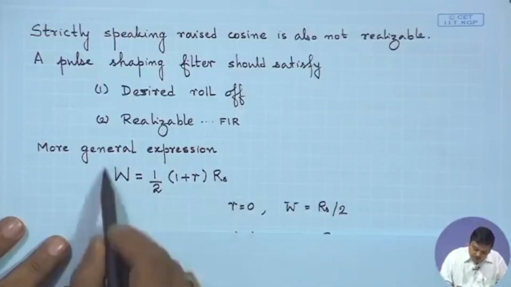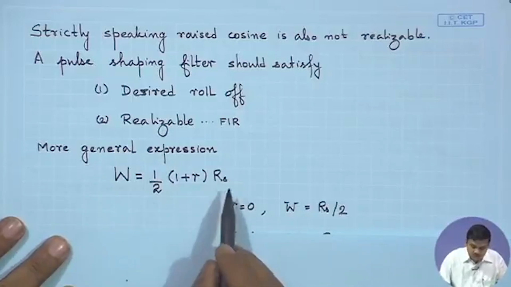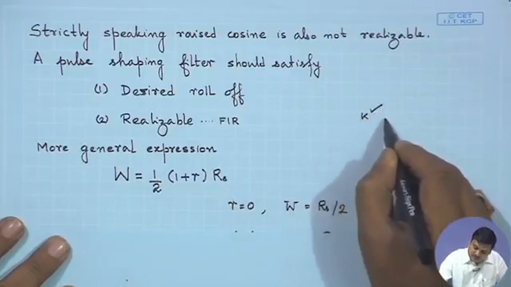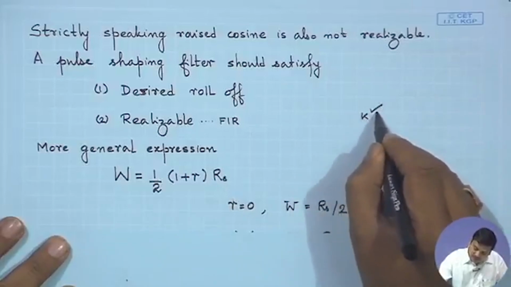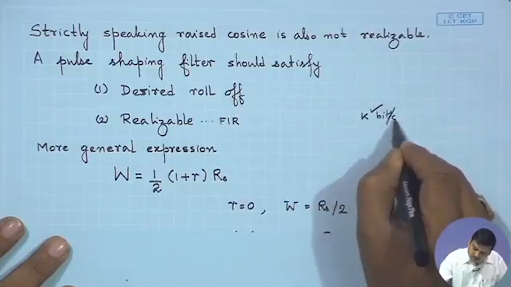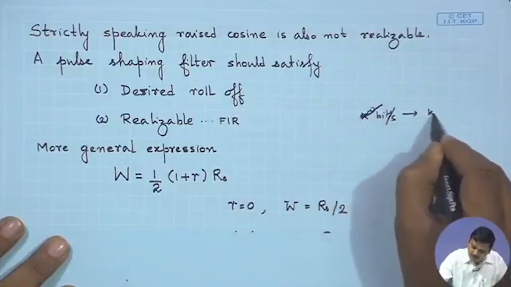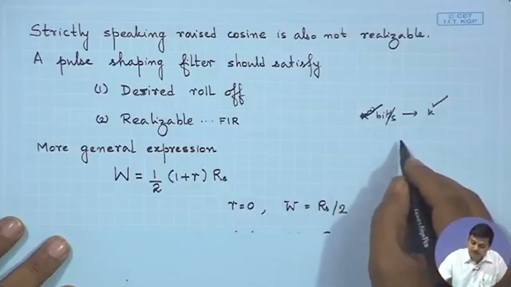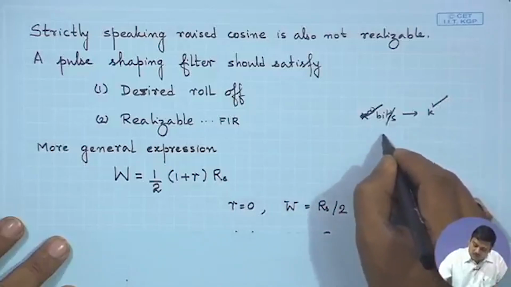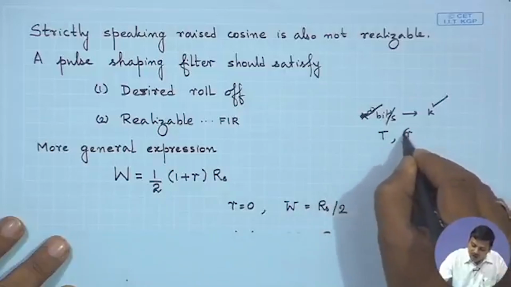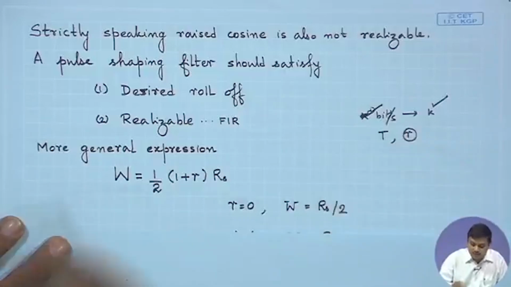So, through this relationship you can calculate, given a symbol rate, that means if k bits per second is specified, you could calculate T if you know R, right. That is the reverse way of doing things.